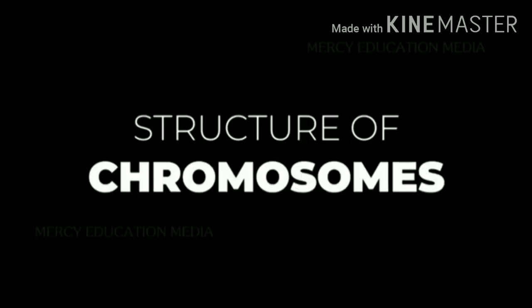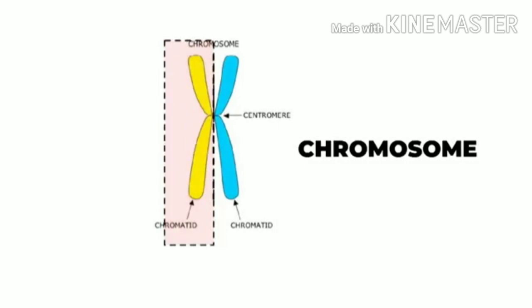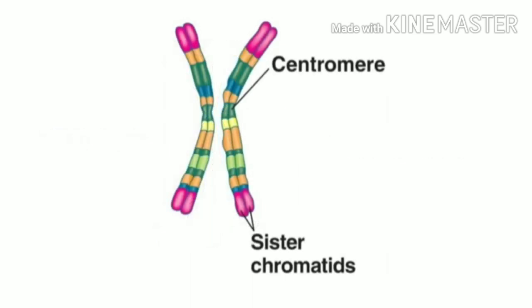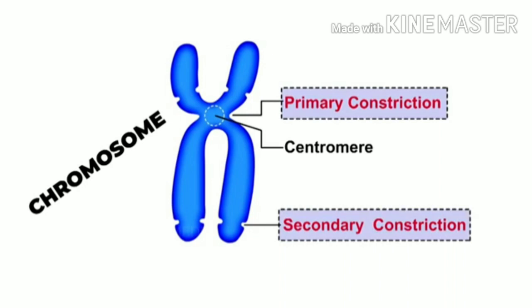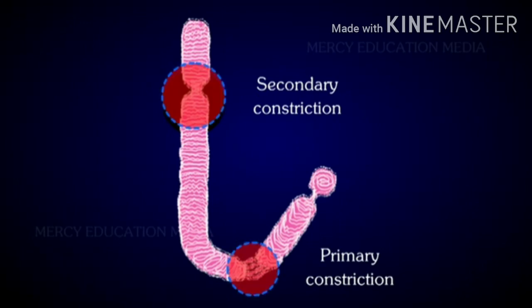The structure of chromosome. A chromosome consists of similar structures called chromatids. They are identical and are called sister chromatids. A typical chromosome has narrow zones called constrictions. There are two types of constrictions, namely primary constriction and secondary constriction.